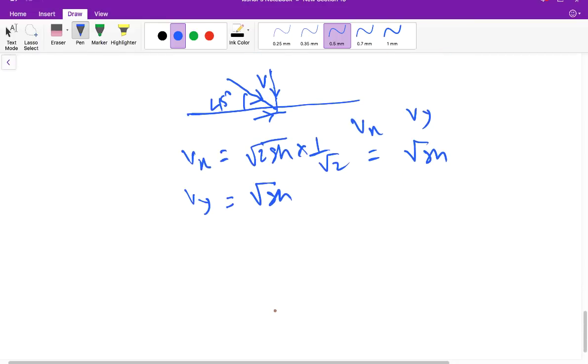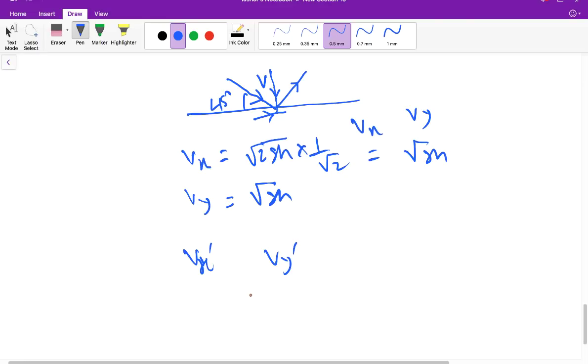Now after collision, suppose the velocities become Vx prime and Vy prime. Since the only velocity that should change is the one along the direction in which the force is applied, the force will be applied along this direction, and hence only the y component of the velocity will change.